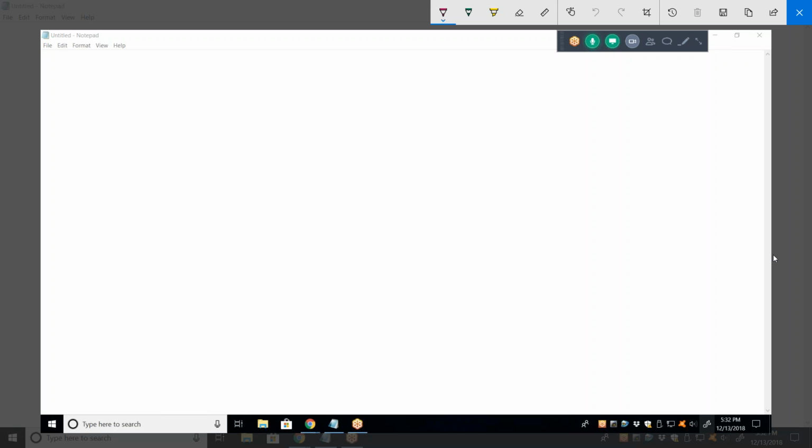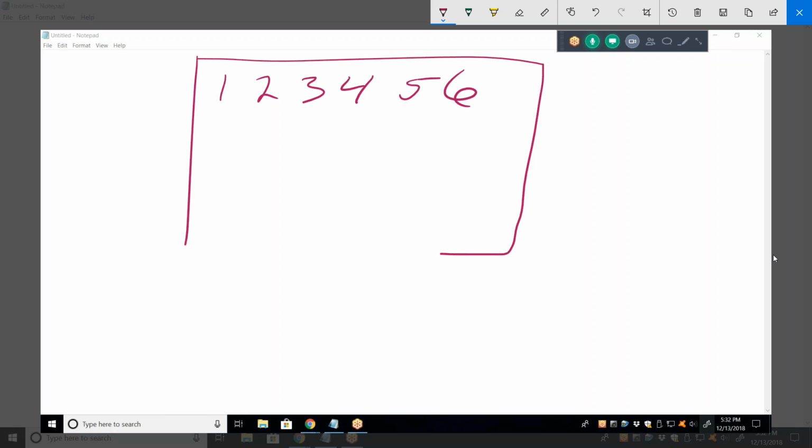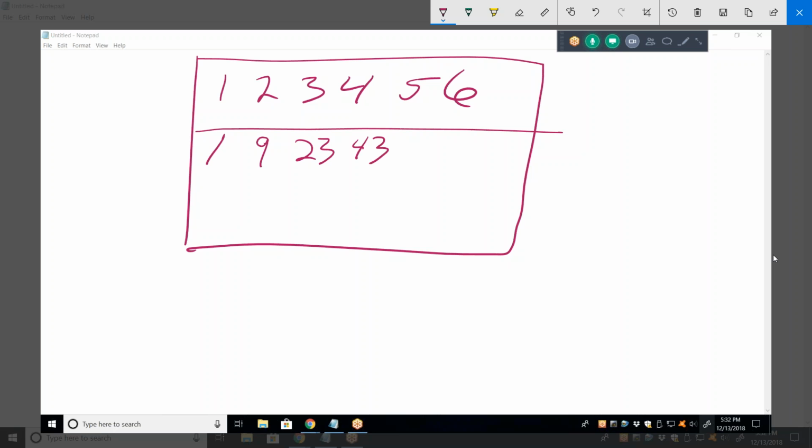It goes 1, 2, 3, 4, 5, 6 in the top row, and then below it, 1, 9, 23, 43, 69, 101.